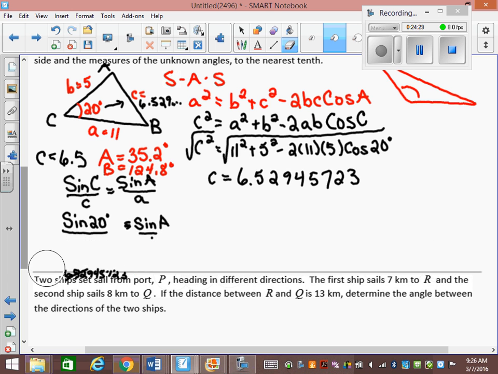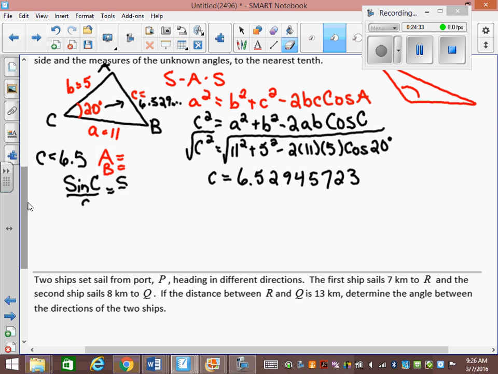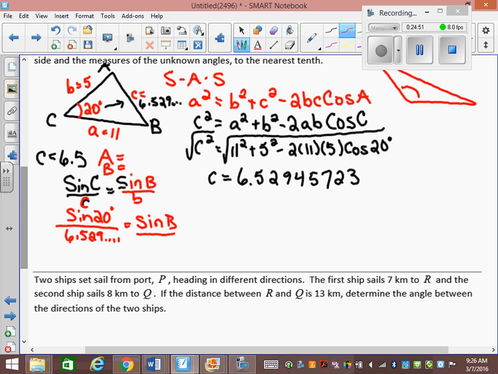So if you did B instead, sine B over b, so you do sine C is sine 20 over little c, which is 6.529 equals sine b, we don't know, over 5.